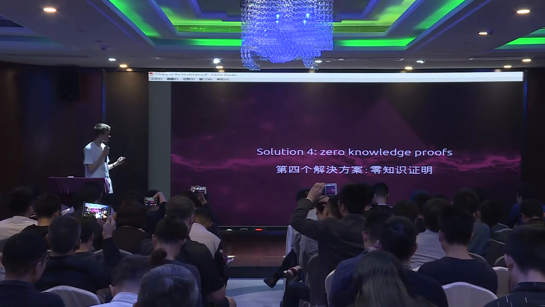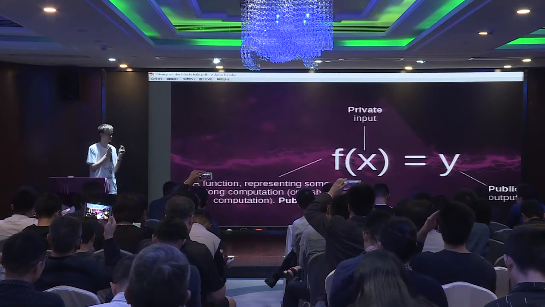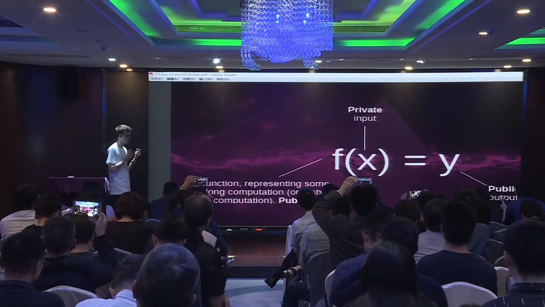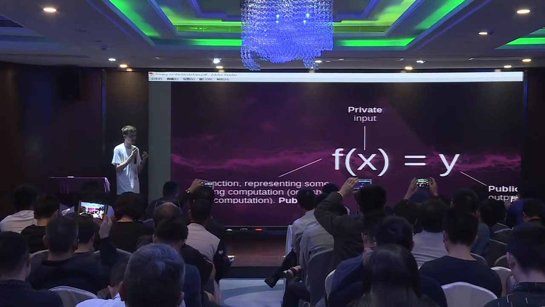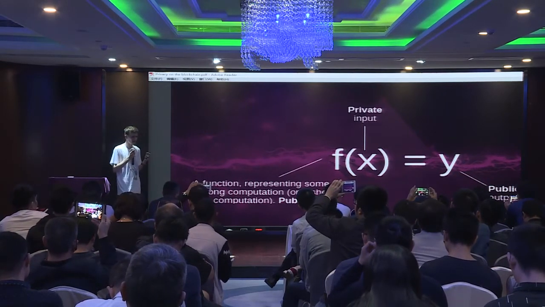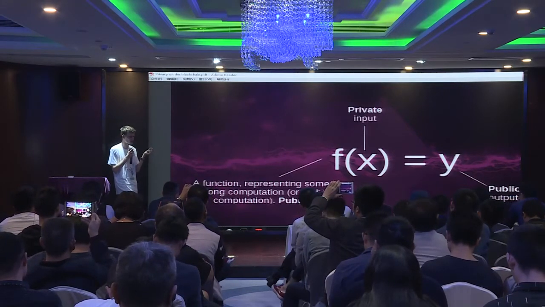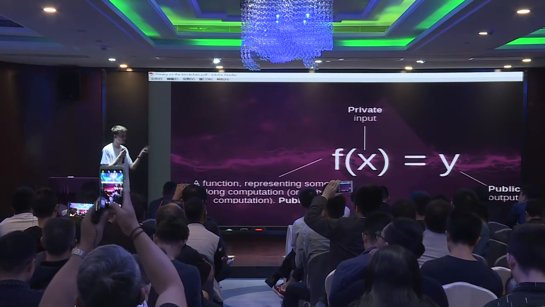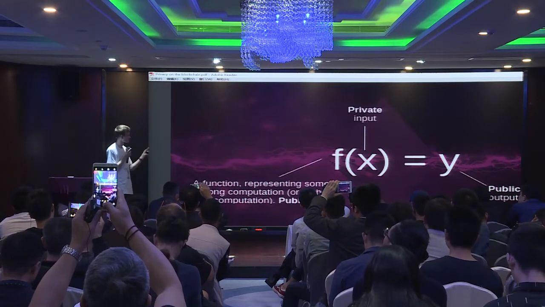So, what does a general purpose zero knowledge proof do? Zero knowledge proofs for specific use cases have existed for a very long time, and you can say a digital signature is a zero knowledge proof for a very specific use case. But here we're talking about general purpose zero knowledge proofs.